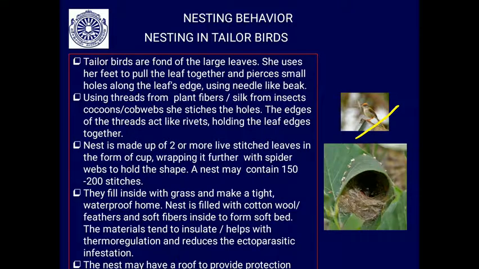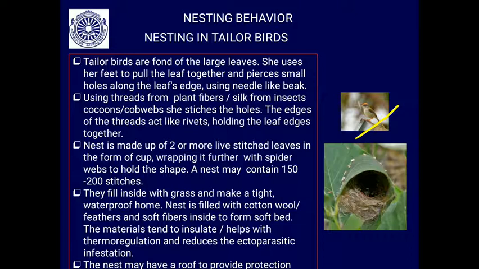She stitches the holes. The edges of the threads act like rivets, holding the leaf edges together. The nest is made up of two or more live stitched leaves in the form of a cup, wrapped further with spider webs to hold the shape.